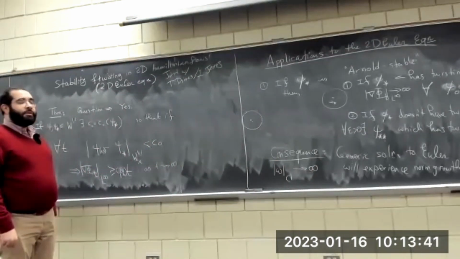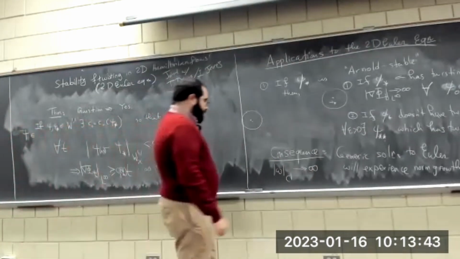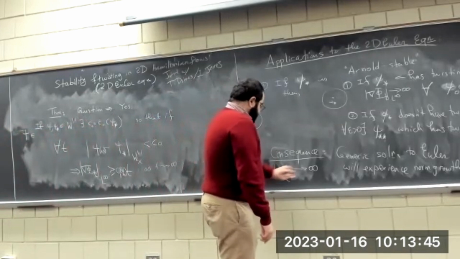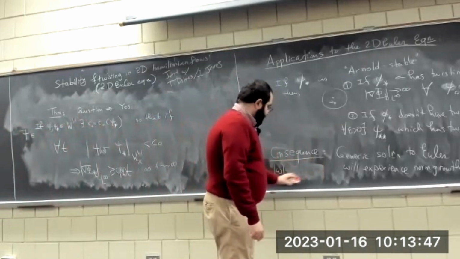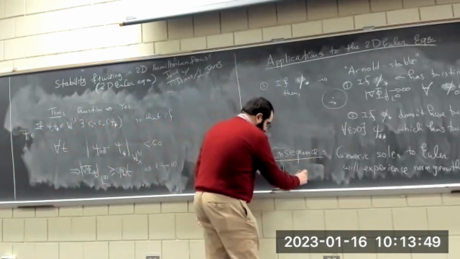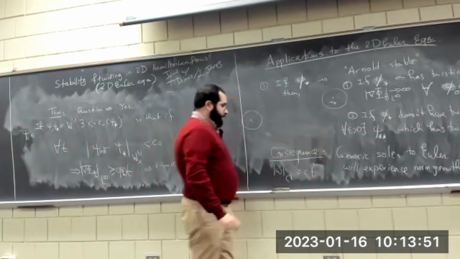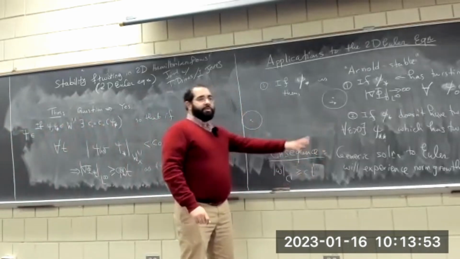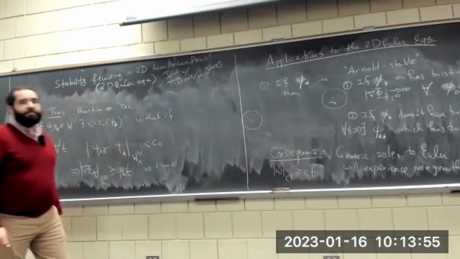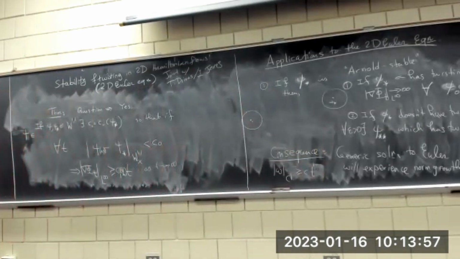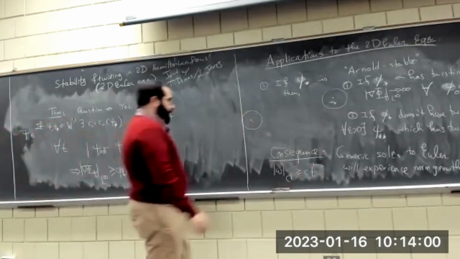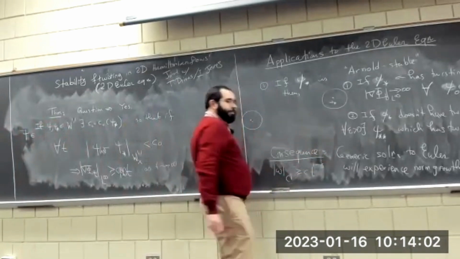Say again? The growth is like t to the 1 minus. There's a little minus you have to give up when you do this Baire category stuff. So it's bigger than t to the 1 minus delta for any delta.